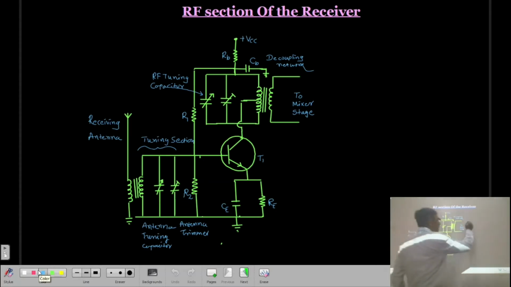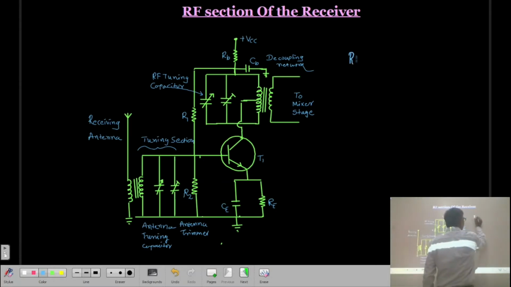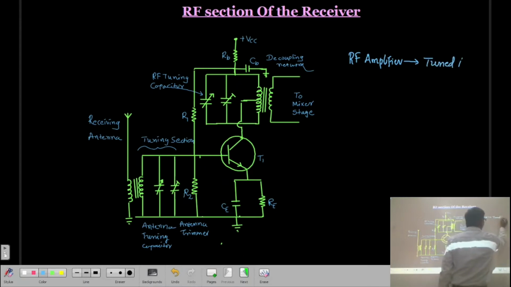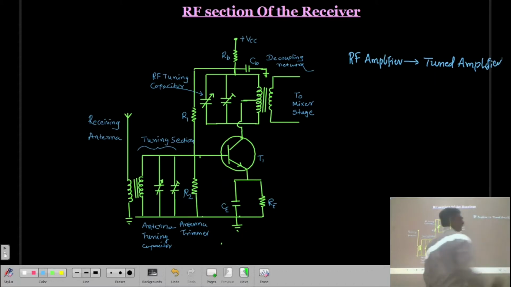So remember, the RF amplifier is nothing but a tuned amplifier. And this section basically selects your frequency and rejects the unwanted frequency.